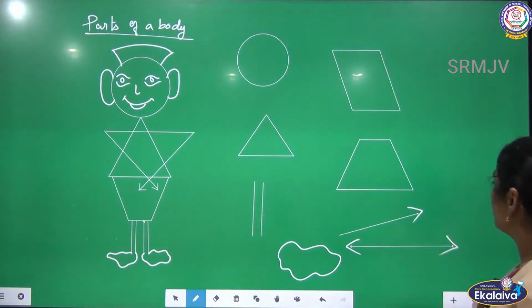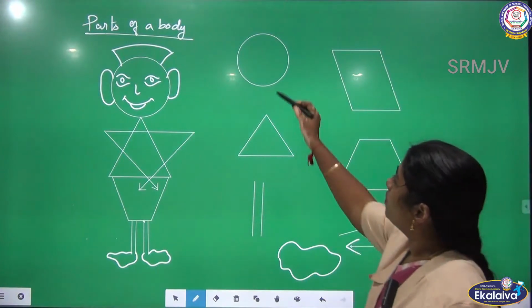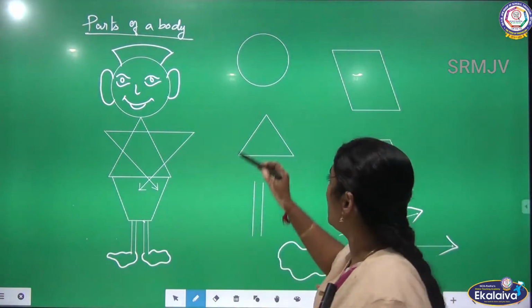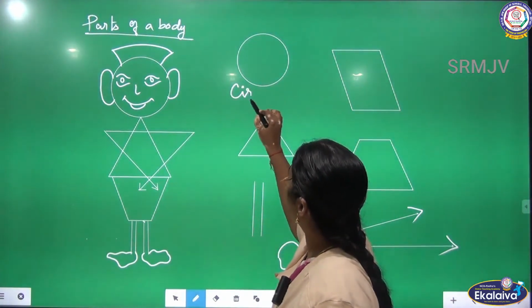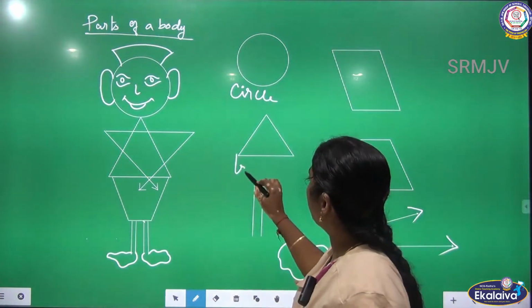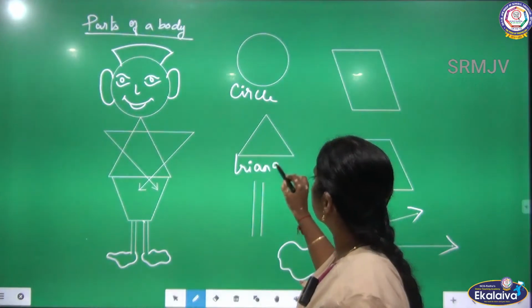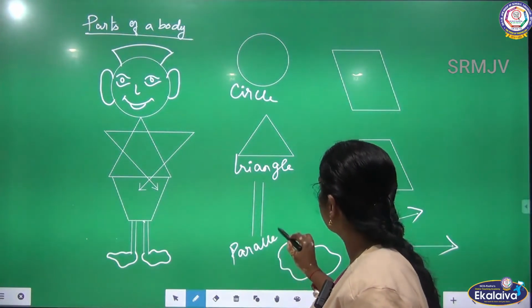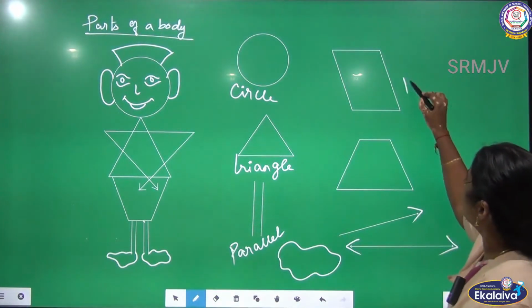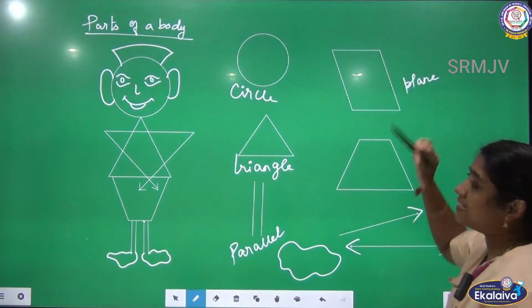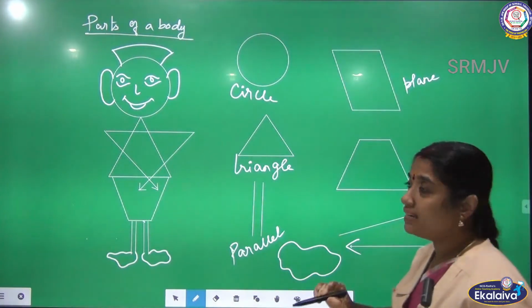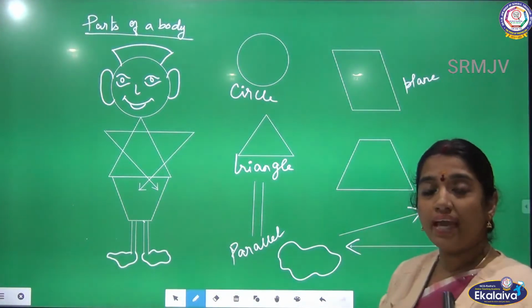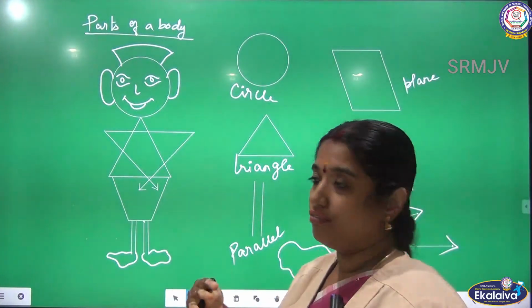Okay, listen. What is it? It is in which shape? Circle, triangle, parallel. Okay. Next, this is a plane which is having a flat surface. Okay, plane is a flat surface. We can extend in the 4 directions.